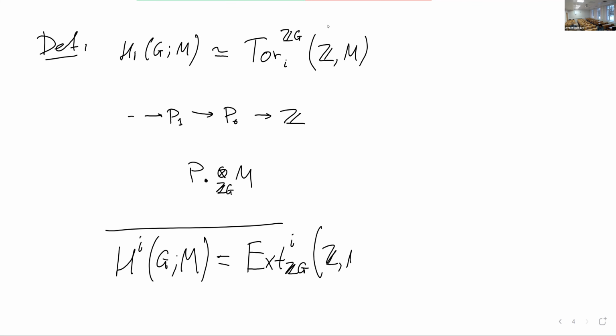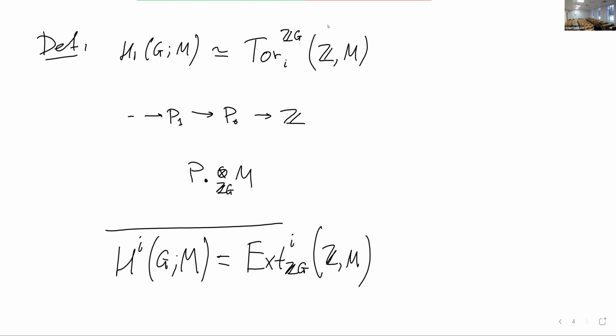What does general nonsense tell us? Moderate general nonsense, what does it mean? Well, if we want to calculate the Tor of two things, we are allowed to take the projective resolution of the first one or the projective resolution of the second one, and the results are canonically isomorphic.